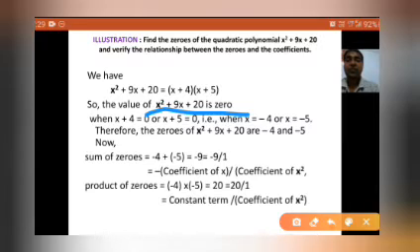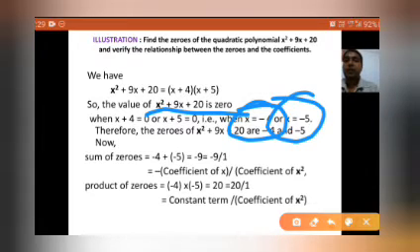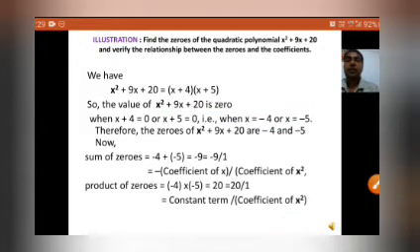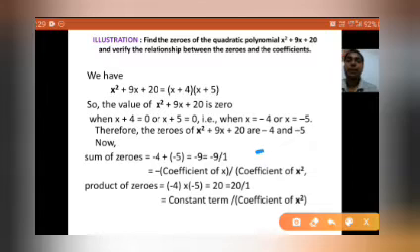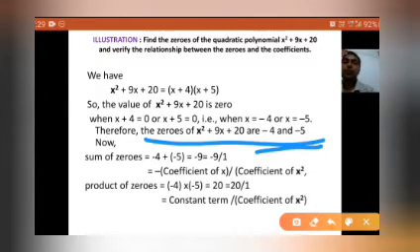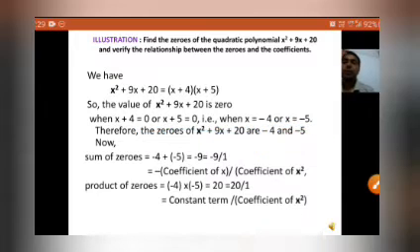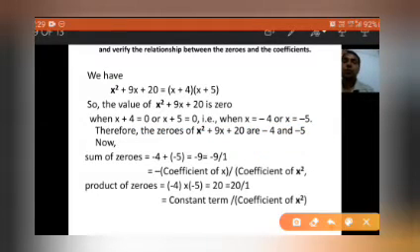That is, x is minus 4 and x is minus 5. Therefore the zeros of x square plus 9x plus 20 are minus 4 and minus 5.